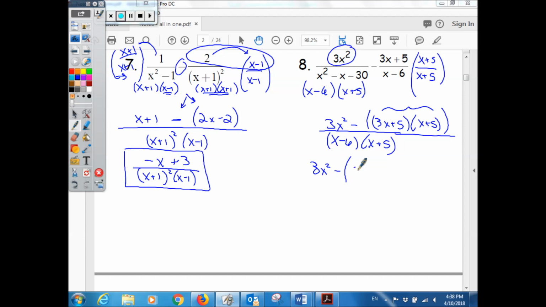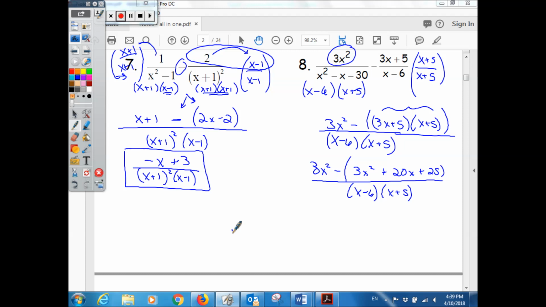So 3x times x is 3x squared. Outside gives me 15x, inside's another 5x, so that's 20x, and then last times last is 25. Don't leave your denominator out, keep writing it every single time.